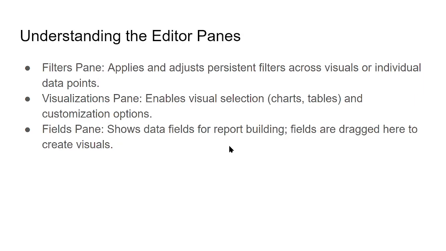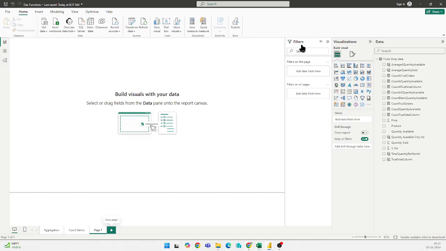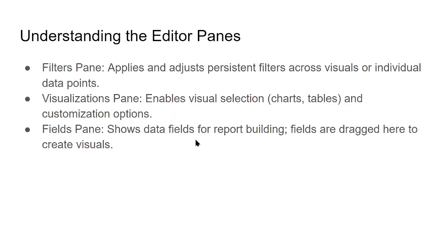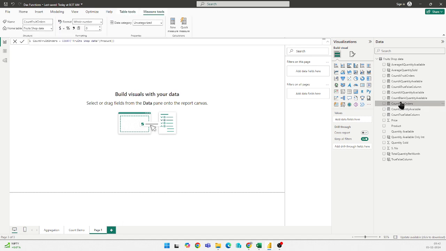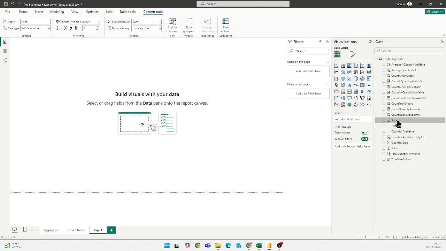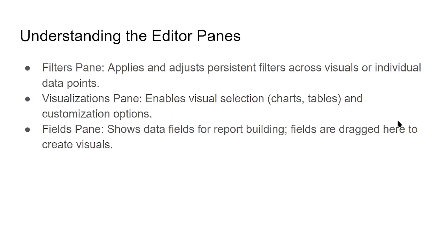Then the next thing is filter pane. So if you see here, this is filter pane, this is visualization pane and data pane. Similarly, if you click on any one of those, you will see the field pane as well. So it applies and adjusts persistent filters across visuals or individual data points, enables visual selection, chart tables, and optimization.